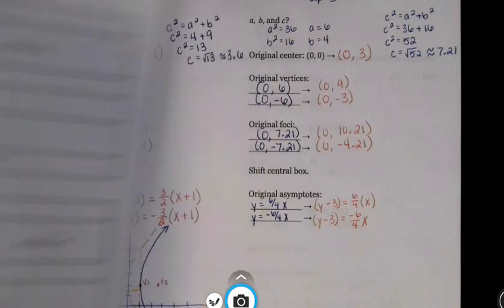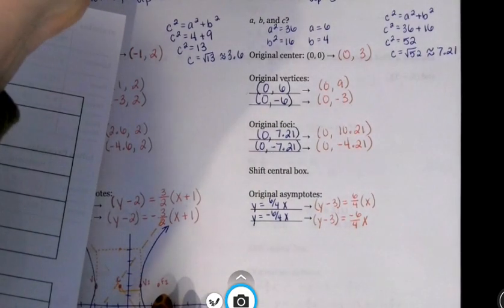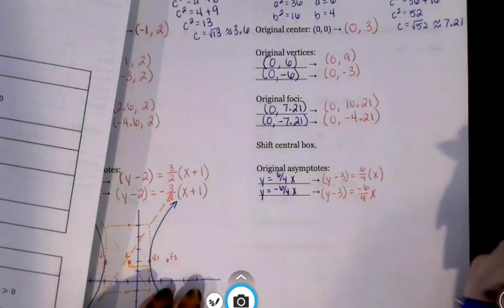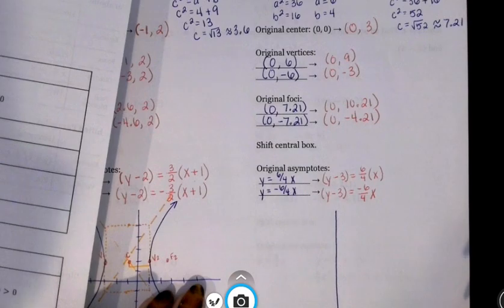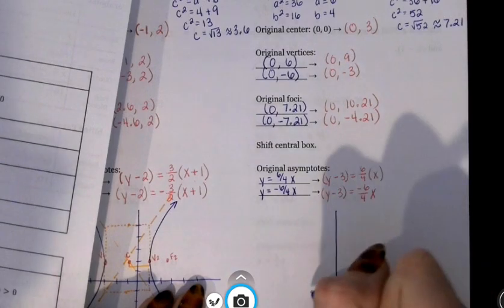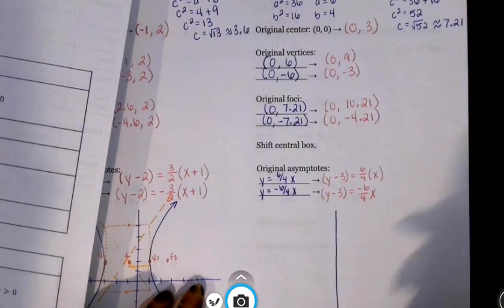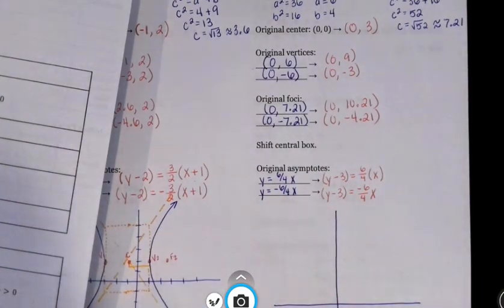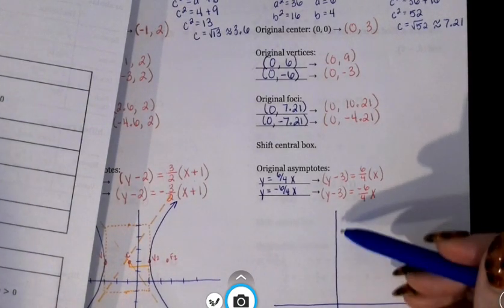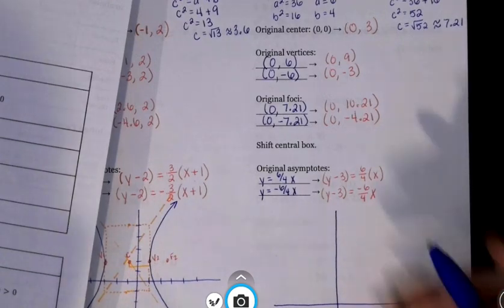So I'm going to go ahead and sketch that out. I'm going to scoot it up a little bit further so I have enough room here. And I know since I shifted my graph upwards, I want to have a little bit more room at the top of my graph.